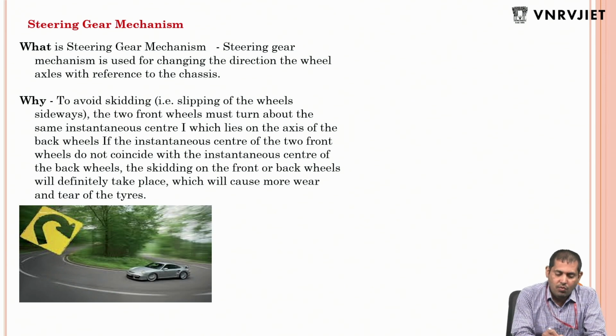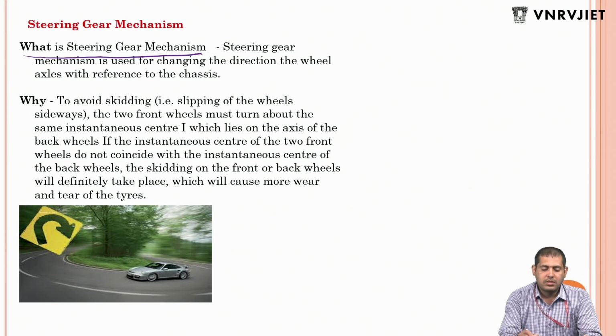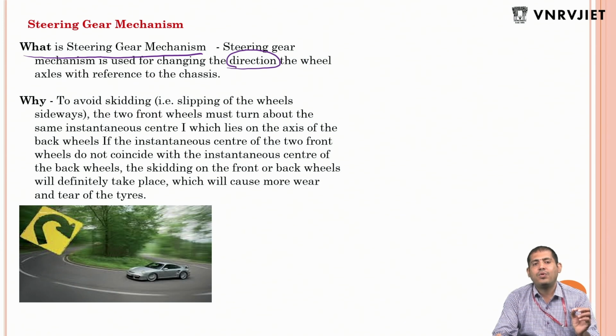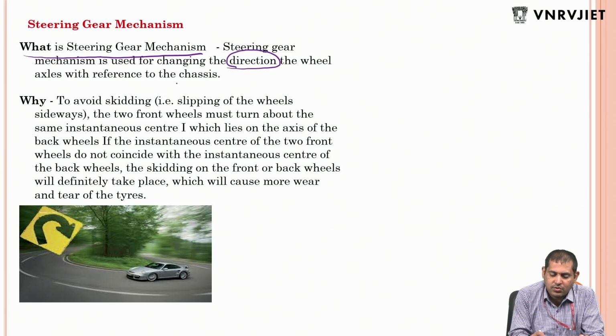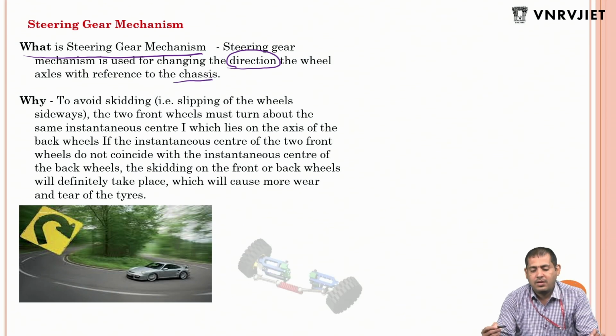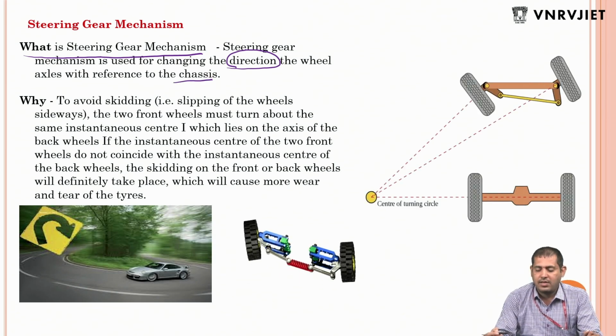Here, first, what is steering gear mechanism? Steering gear mechanism is used for changing the direction of the wheel axle with reference to the chassis. So why are we mentioning with reference to chassis? There's a reason behind this. Just see here.